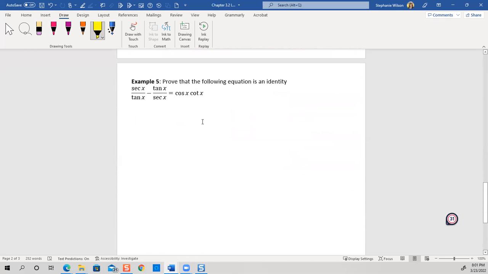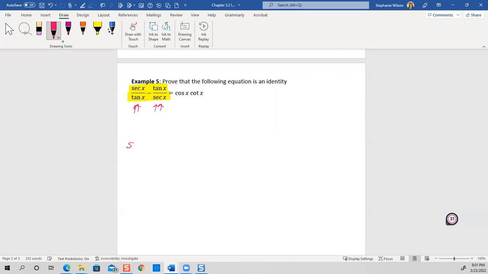Okay, the next one. Prove that the following equation is an identity. Here's the one where I said that sometimes you have to solve one side of the equal sign. So I'm going to solve this side to see if it matches the other side. I noticed that in the denominators there are tangent x and secant x, so I need to multiply each by the missing part, so I have a like denominator and can put it all over one denominator.